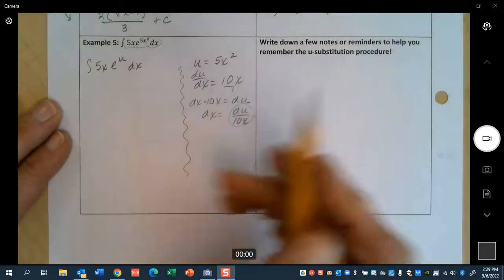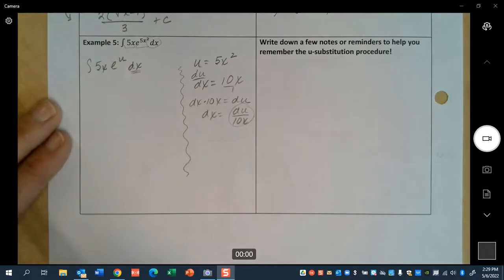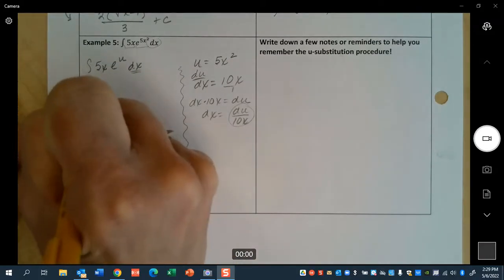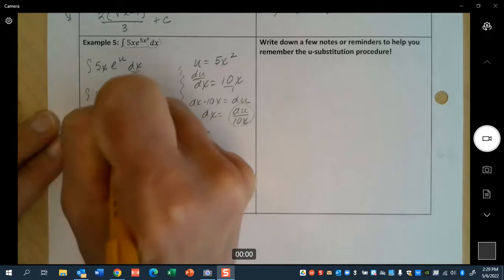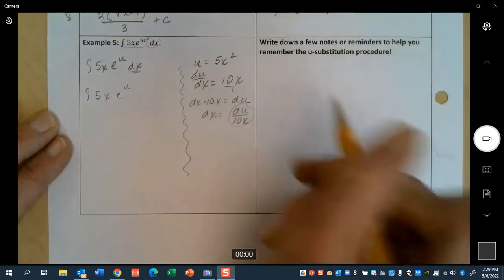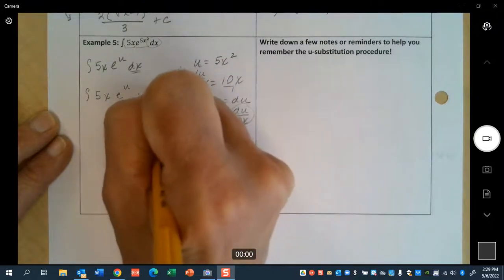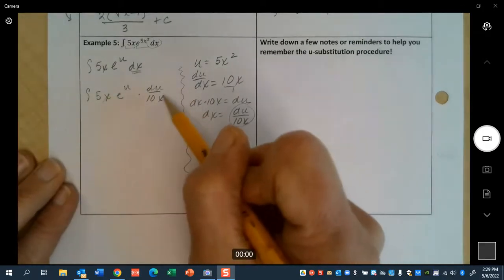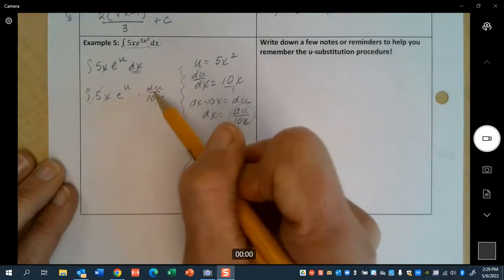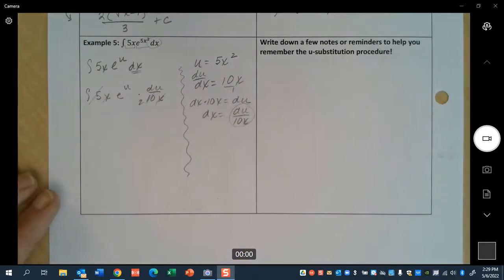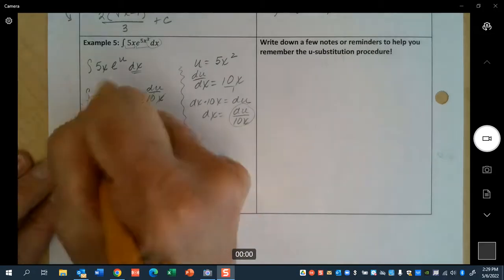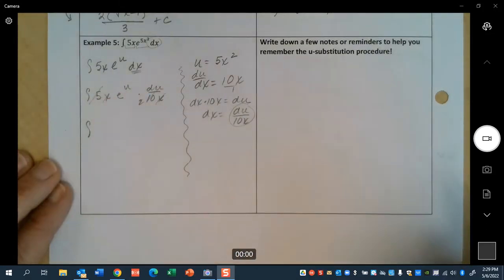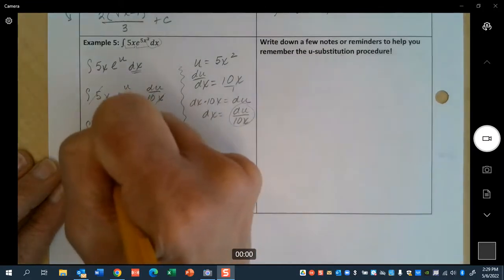So this is what I'm going to write instead of that. The integral of 5x times e to the u times du over 10x. What do you see that cancels out? My x's cancel out, and this 5 cancels out with that 10 leaving 1/2. So it's the integral of e to the u.